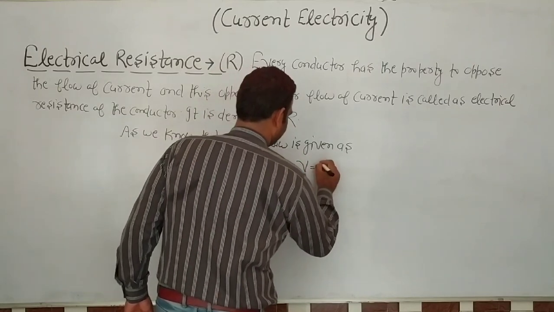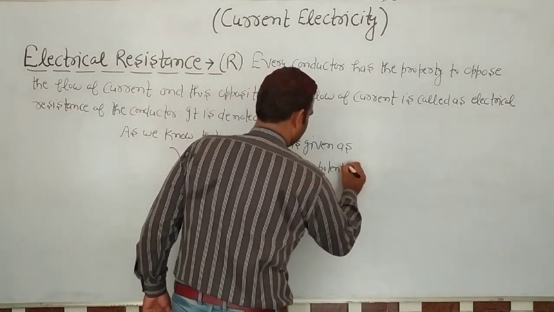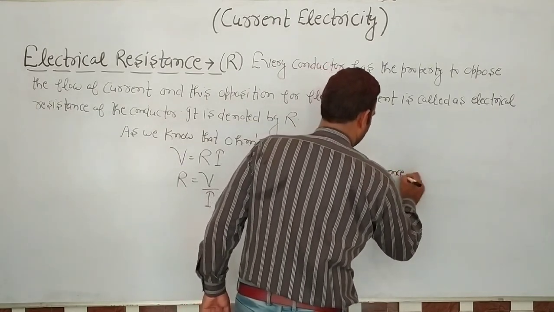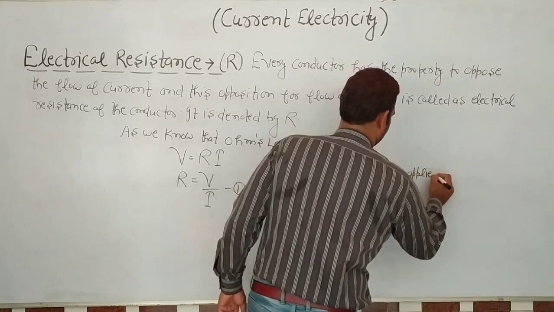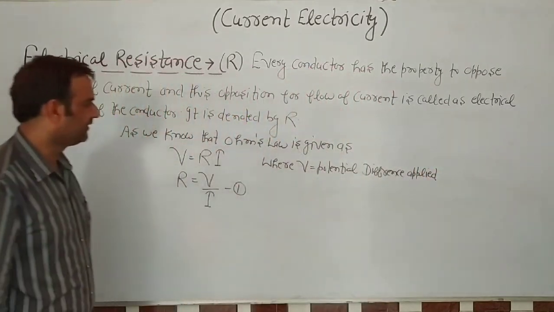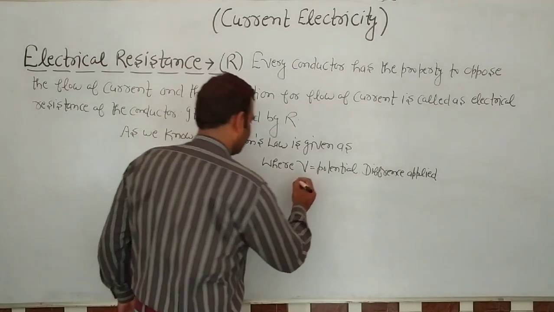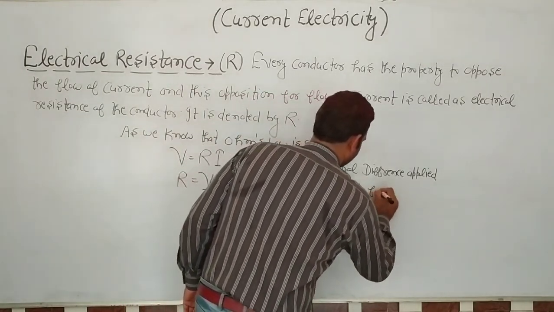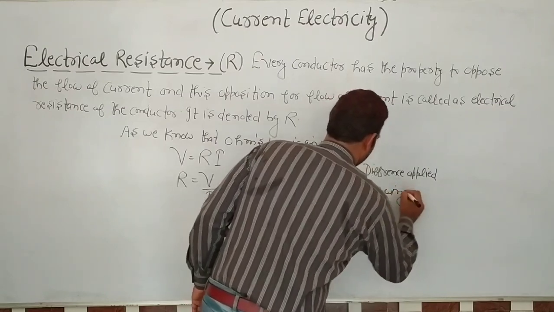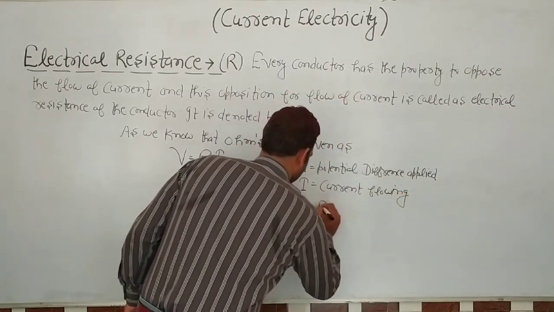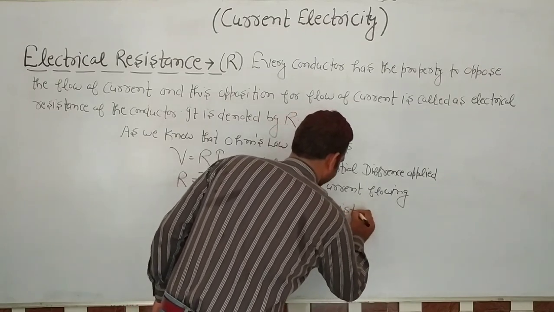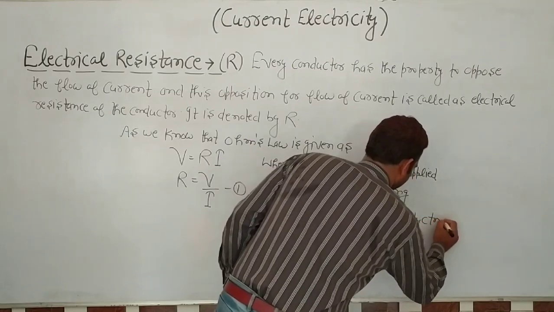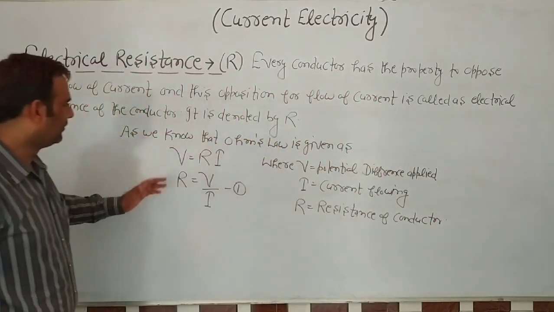V is the potential difference applied. I is the current flowing. And R आपके पास क्या है? Resistance of the conductor. This is the Ohm's law.